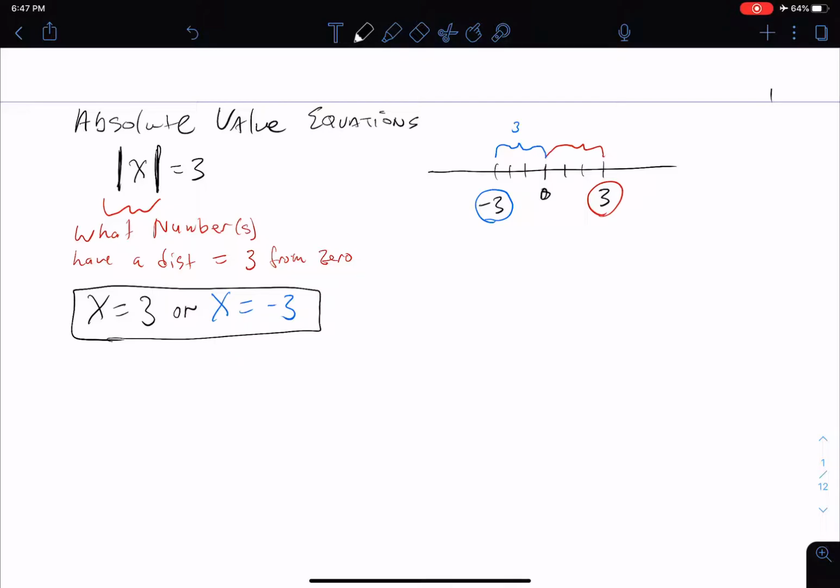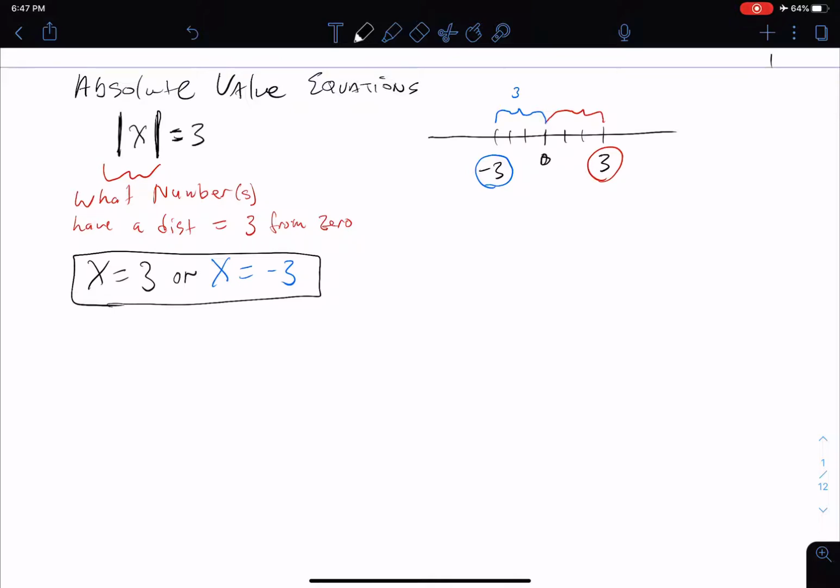Okay, another thing to take a look at. So this works great when the number is positive. But here's another technique I picked up from a senior math instructor who retired quite a few years ago.